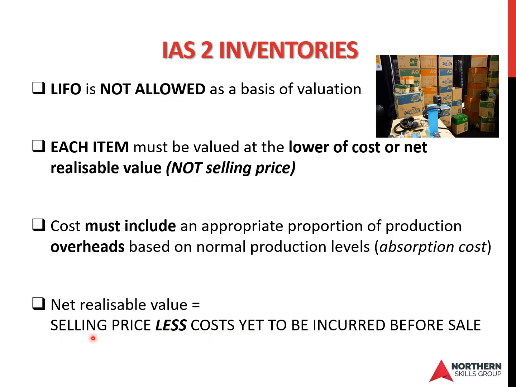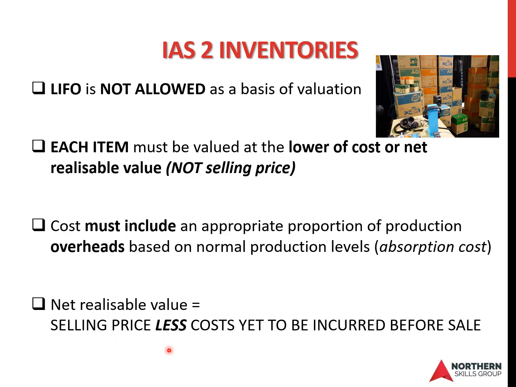So we're looking at the selling price of a completed item, and we're deducting from that selling price the costs that somebody has got to incur to change a partially completed item to a complete item, whether that's the person buying it or whether it's the company before they sell it.